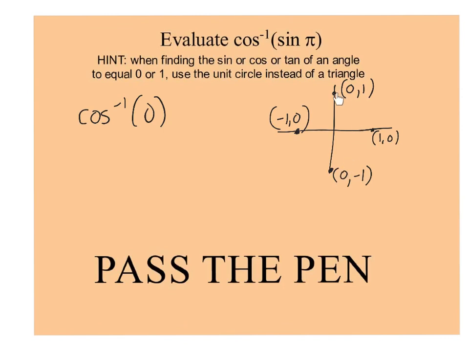The first is at 90 degrees, also known as pi over 2. Your second answer is down on this portion of the unit circle. Because the cosine is 0, it's known as 270 degrees, or 3 pi over 2.